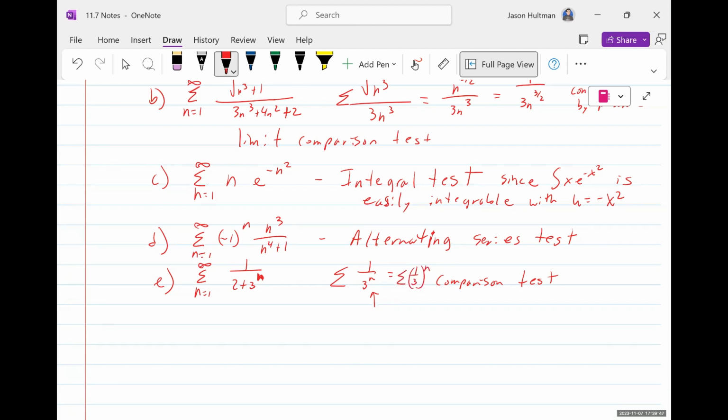Oh, it's a geometric series. Yeah, it's geometric, which we know converges if r is less than 1, and r in this case is 1/3. So that I know converges, and then I can do the basic comparison test with this, which is always smaller than something that I know already converges.